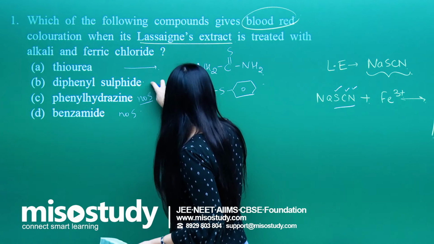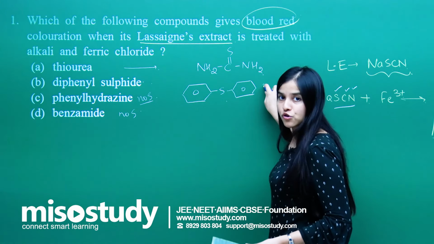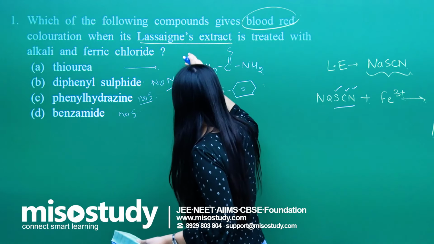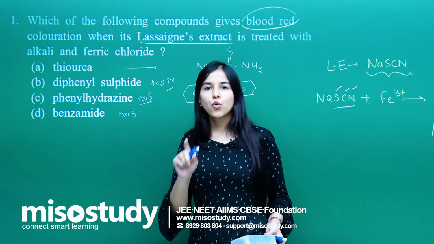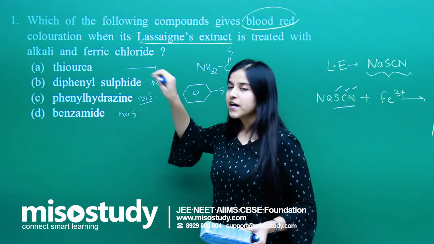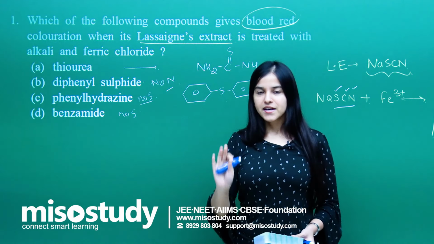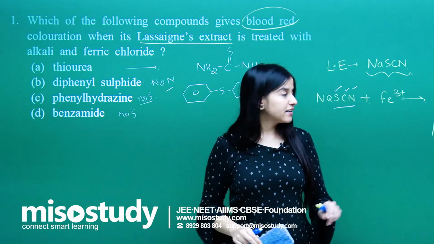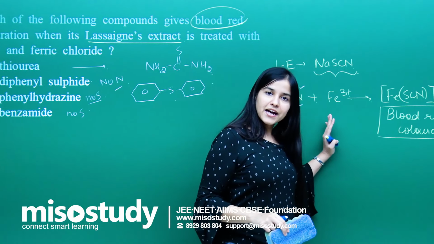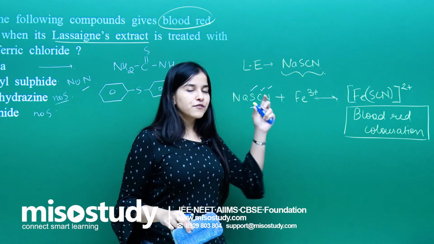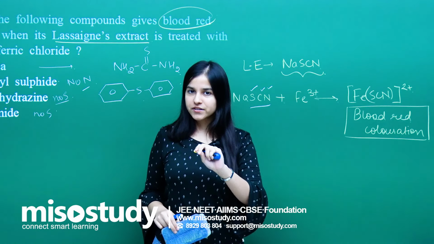Over here sulfur is present but nitrogen is not present, so no nitrogen, and option A is the only one in which nitrogen, carbon as well as sulfur is present. That is what we need in this particular reaction for getting the blood red coloration. So we need sulfur, carbon and nitrogen.